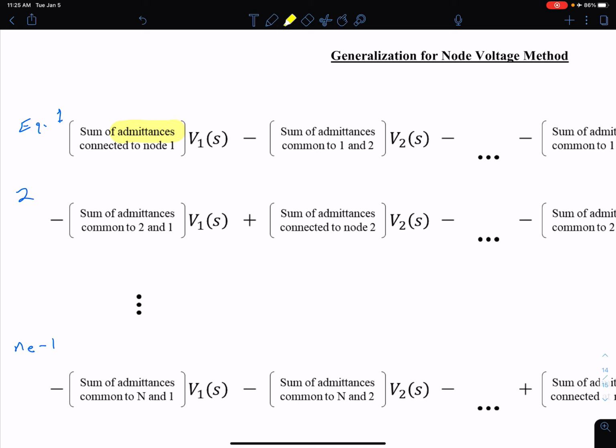Remember, we had defined admittance as the inverse of impedance. So just to write that explicitly, our admittance Y is equal to 1 over our impedance Z. So we're summing the admittances that touch node 1, and then we're multiplying all of that by V1.